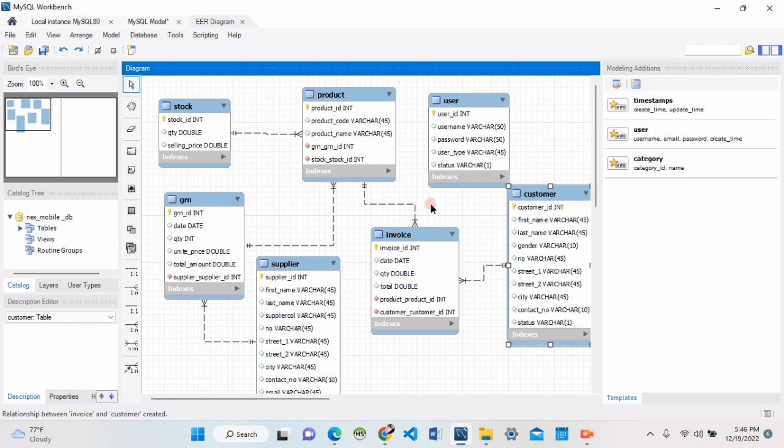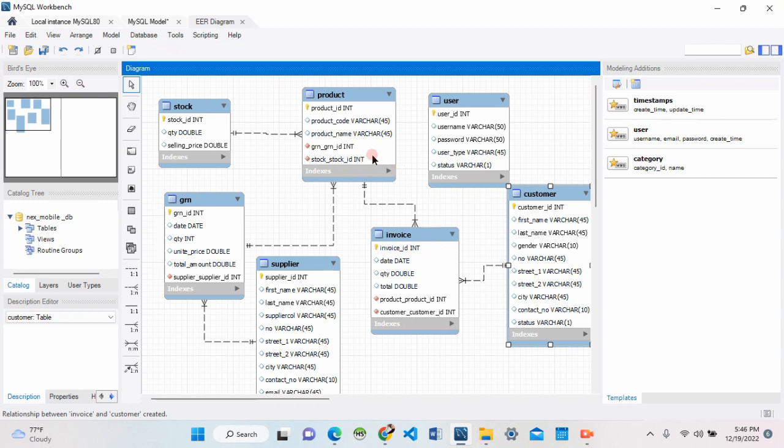So this is a many-to-many relationship. We created this because when a customer buys many products, the data is duplicated, and also a product is bought by many customers, so again the data is duplicated.